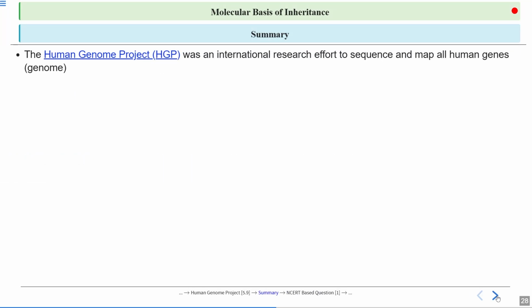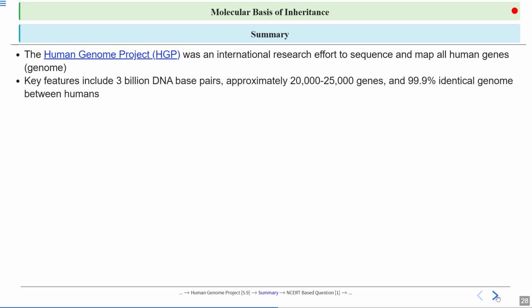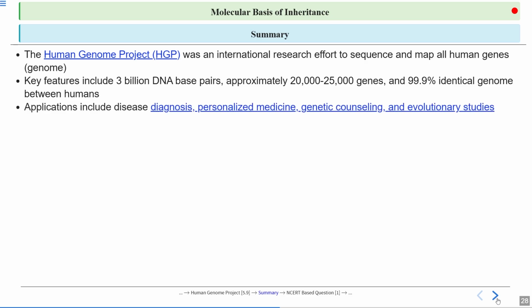Now, what was the summary of today's class? The Human Genome Project was an international research effort to sequence and map all human genes, that is the genome. Key features include 3 billion DNA base pairs, approximately 20,000 to 25,000 genes, and 99% identical genome between humans.